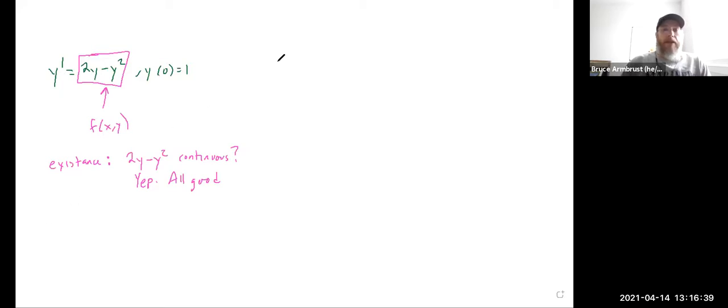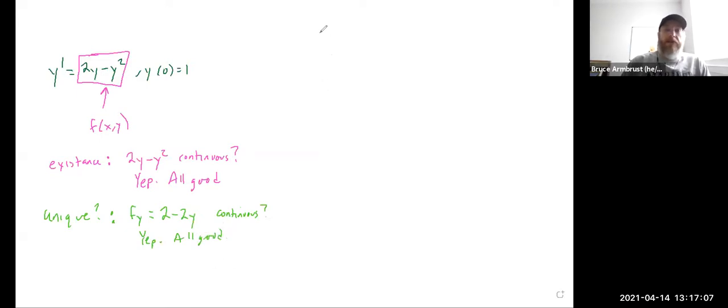All right, so then the next question is, what about uniqueness? For this one, we need to look at f sub y. The partial with respect to y is 2 minus 2y. Same question, is it continuous? And the answer is the same as before. Yep, again, all good.